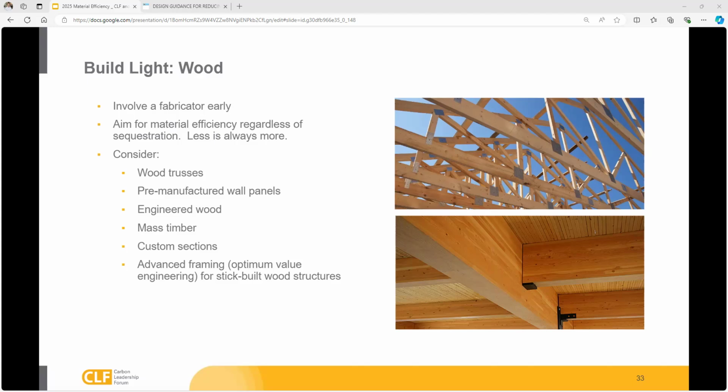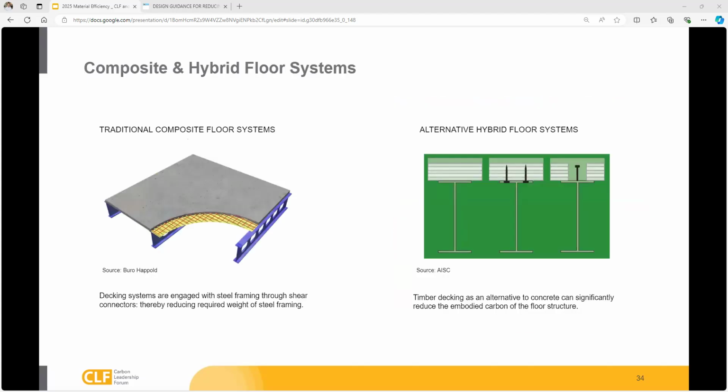Always aim for less. And then efficient wood systems, as they relate to material use and material intensity, similar to steel and concrete: truss systems and various different wood sections allow you to be as efficient as you can with material consumption.